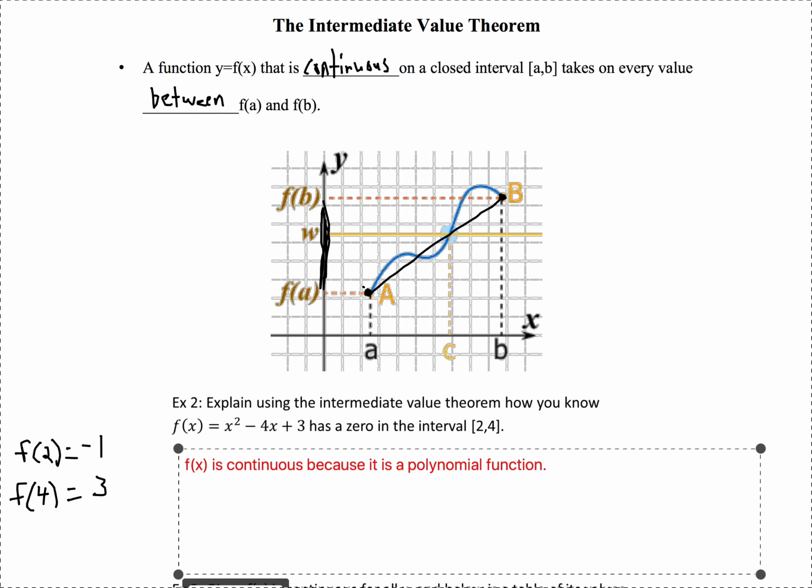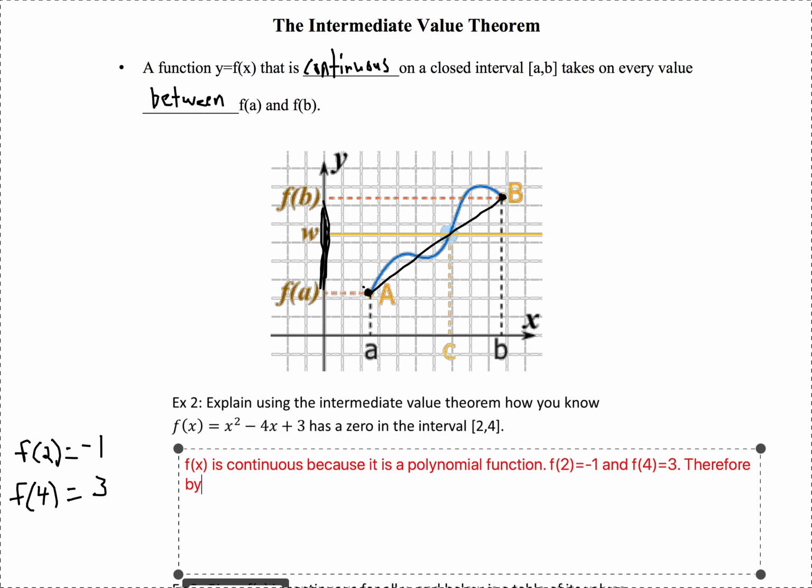Next, we can go ahead and say f of 2 equals negative 1 and f of 4 equals 3. So we state the function is continuous, then we state the boundaries here. F of 2 is negative 1 and f of 4 is 3.